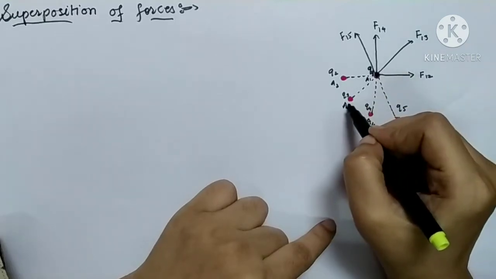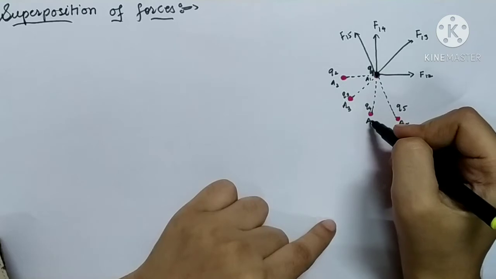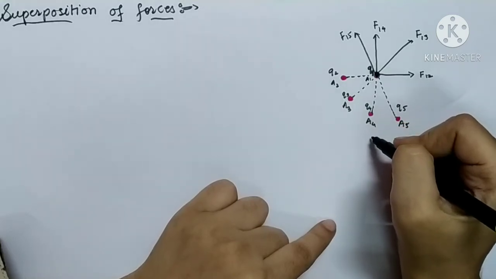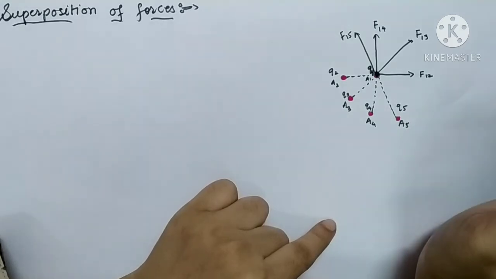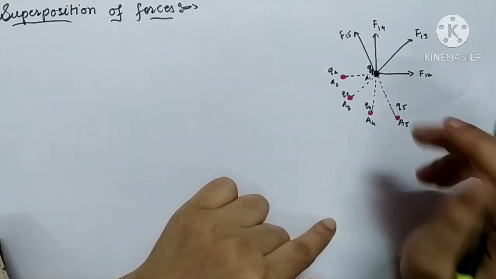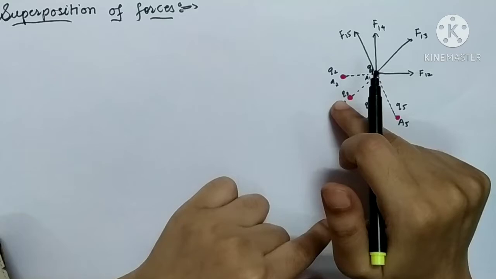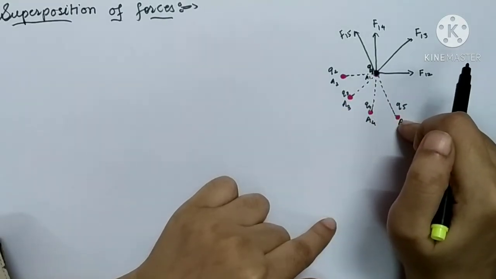Charge Q3 is placed at a point A3, charge Q4 is placed at a point A4, and charge Q5 is placed at a point A5. And assume that all the charges are positive. Q1, Q2, Q3, Q4 and Q5, all the charges are positive in nature.